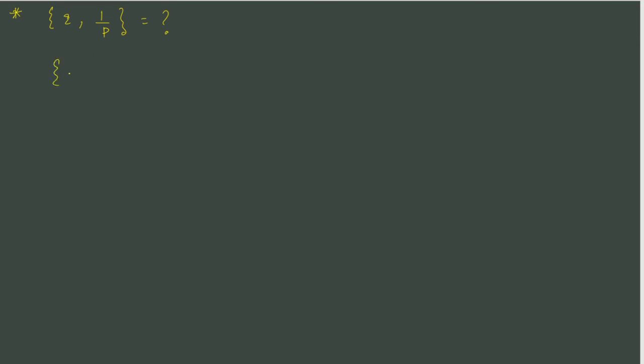Let's try that. You see, we already have this result: the Poisson bracket of q and p is equal to 1.